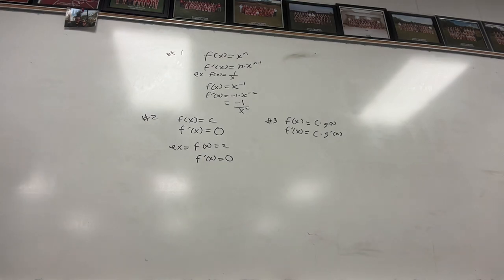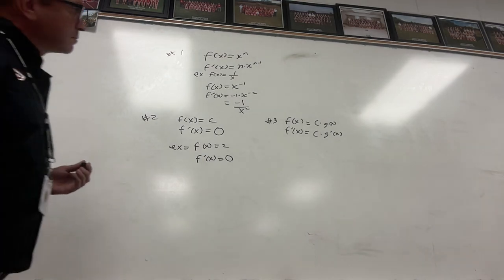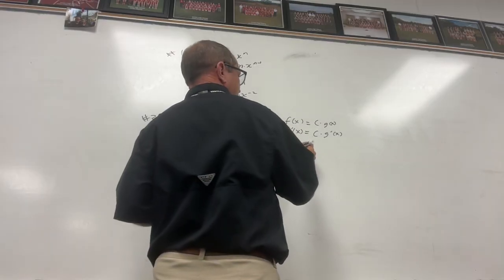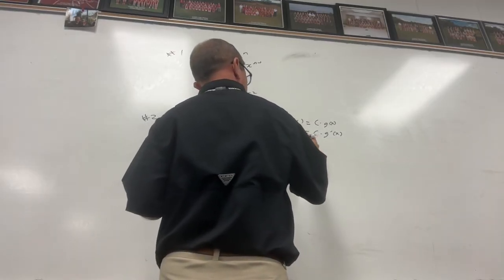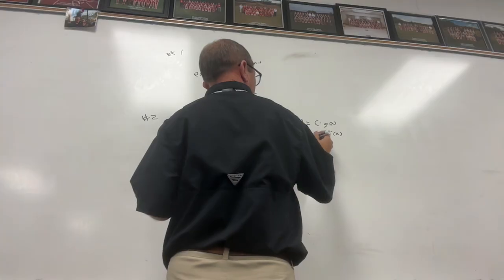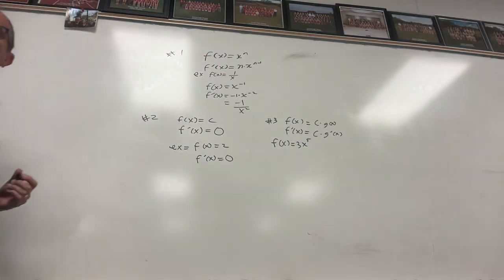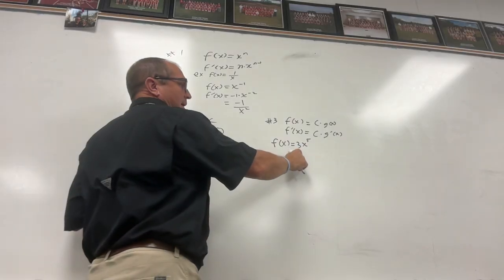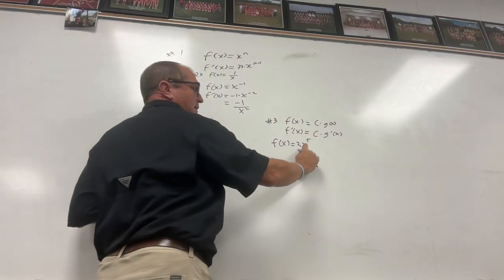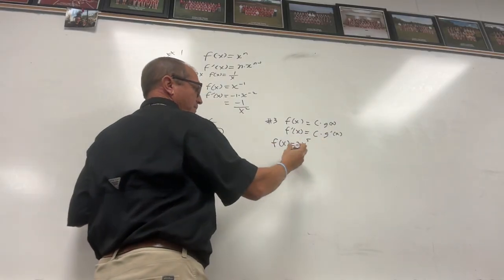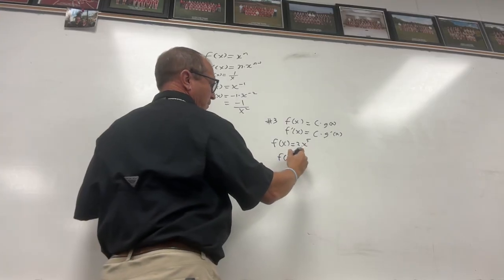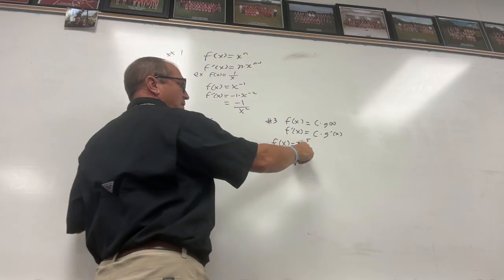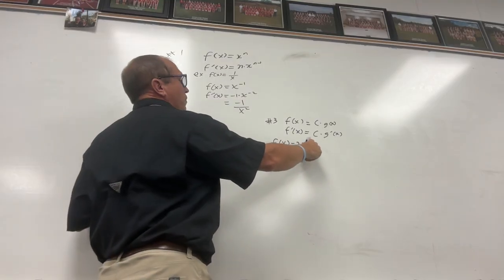I'm going to do 2 examples with this one. First example I'm going to do is f of x equals, let's make it 3x to the 5th power. All right, my constant is 3, and my g of x is x to the 5th power. So I'm going to break this down into 3 times. Now, how do I handle the derivative of x to the 5th power?